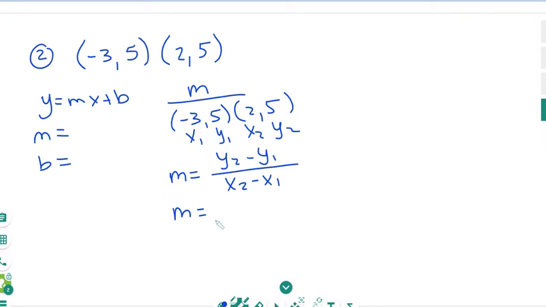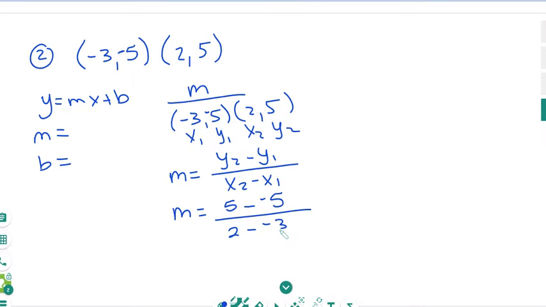M equals our y2 is 5. This should be a -5. And we're going to have minus a -5. And then we're going to have 2 minus a -3.